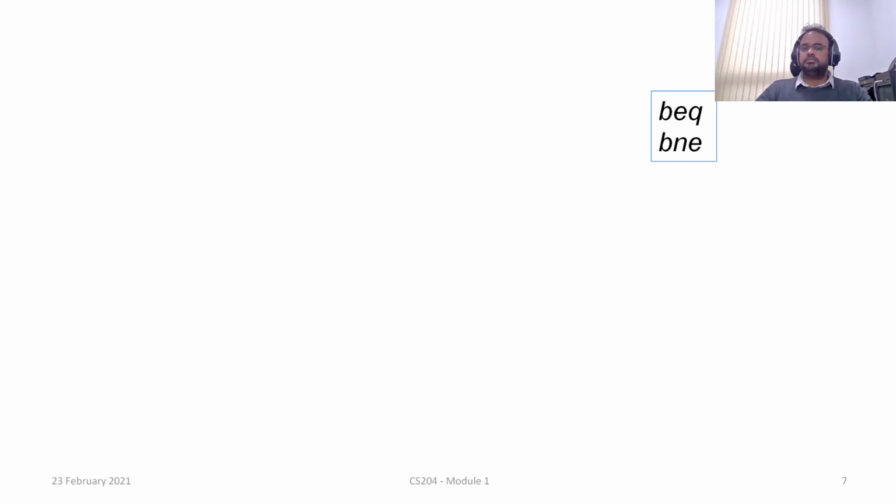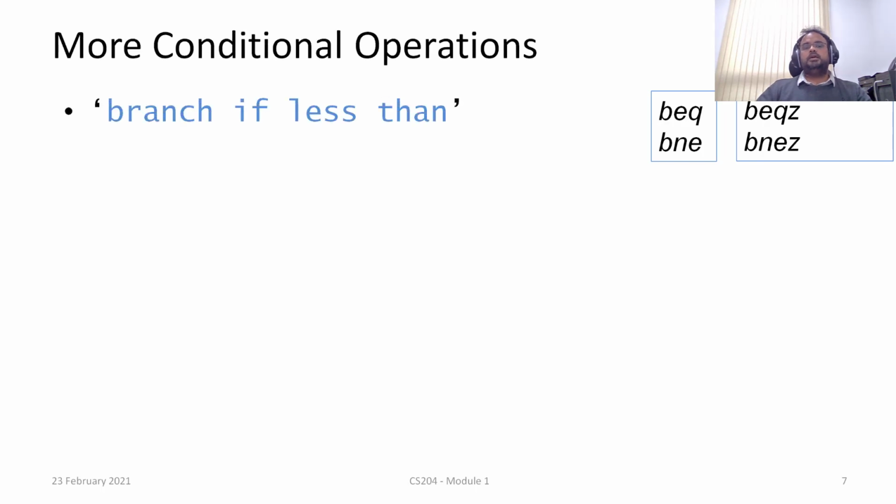The operations that we have seen so far are equal to, not equal to, and we saw some branch if equal to 0, branch if not equal to 0 kind of pseudo instructions. What other conditional checks does RISC-V support? Branch if less than. It would look something like this. BLT is its mnemonic.